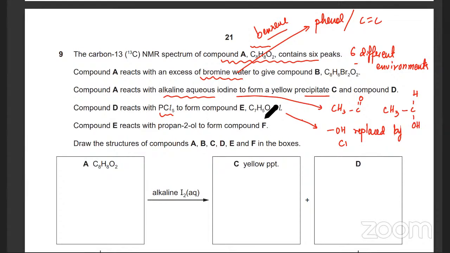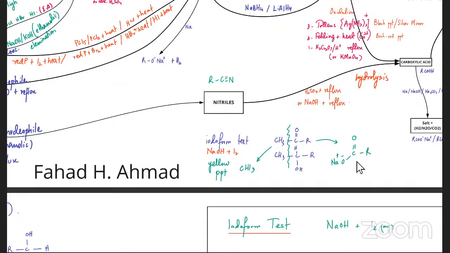Now remember, what is E? After the iodoform test, what you're going to get is a carboxylic acid, or a salt of the carboxylic acid, because the conditions are alkaline.